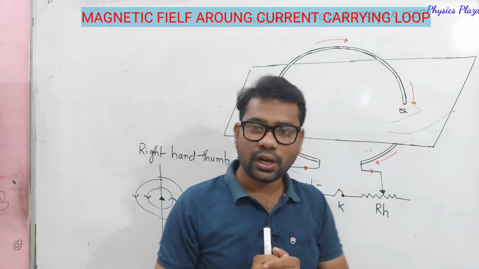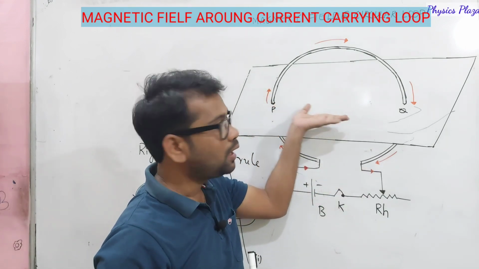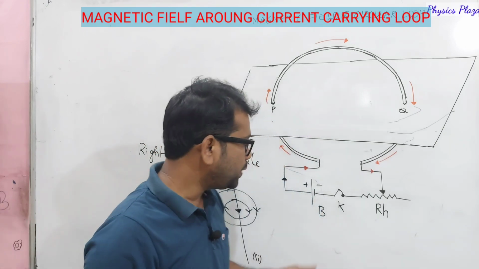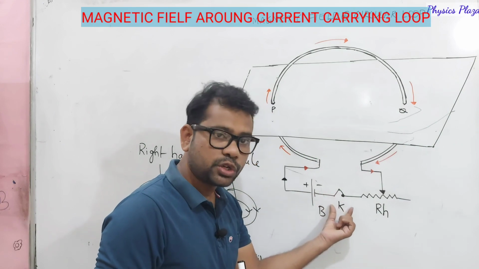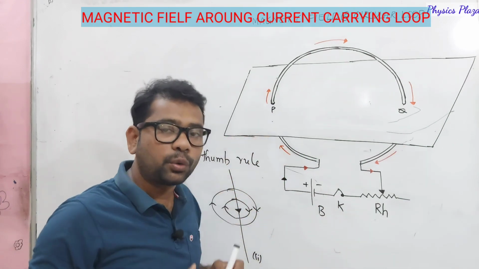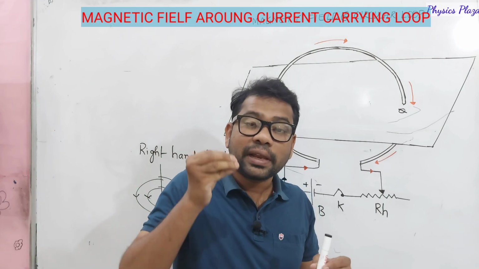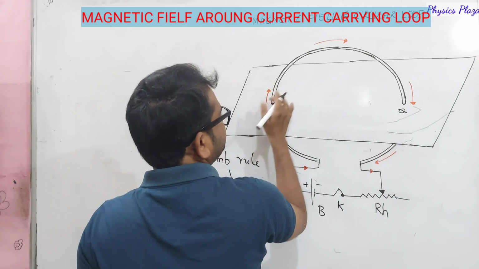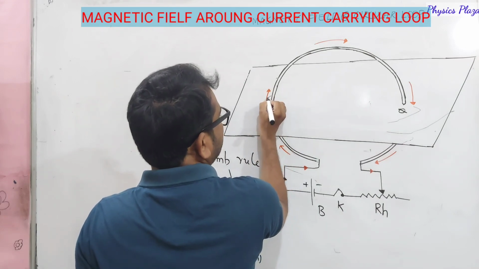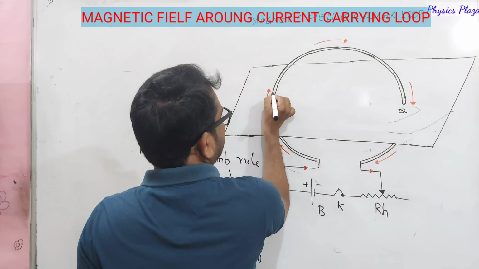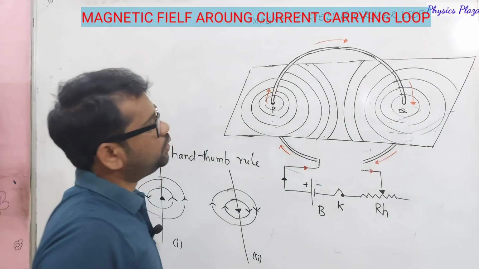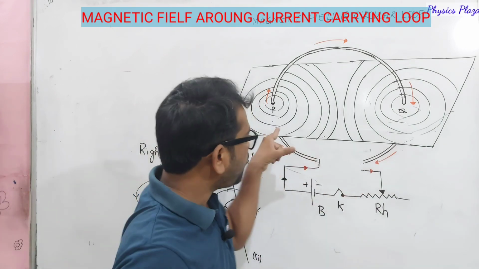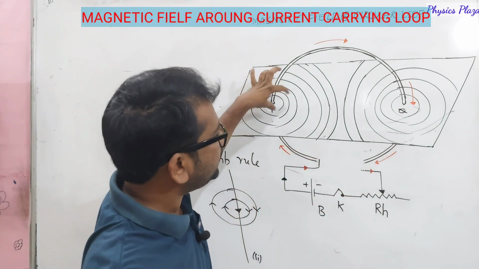Very, very important, children. Before starting this experiment, on this cardboard we will sprinkle some iron filings. The moment you turn on the switch and tap it, we will notice that the iron filings get adjusted as concentric circles. Let me show you like this. This is how they will get adjusted. So this is how the iron filings will get adjusted as concentric circles around this point and around this point.